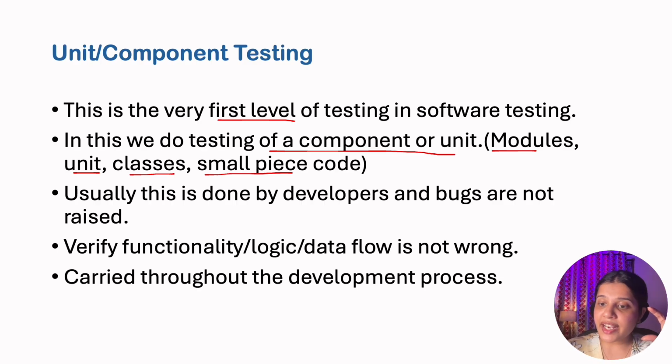And if the connection is failing between the system and the database, then that means the code is not properly written, right? So here the developer is doing a unit testing: he has just written a unit, or a small piece of code, and he is doing some testing. The developer will think of some more cases around this scenario and around this piece of code. And this kind of testing is called unit testing, or component testing.